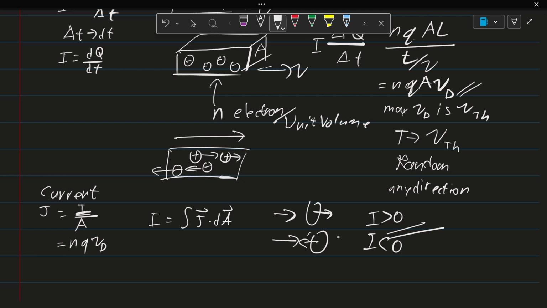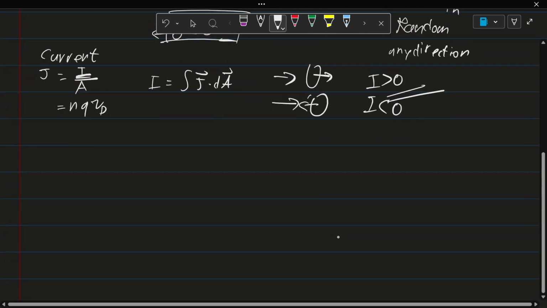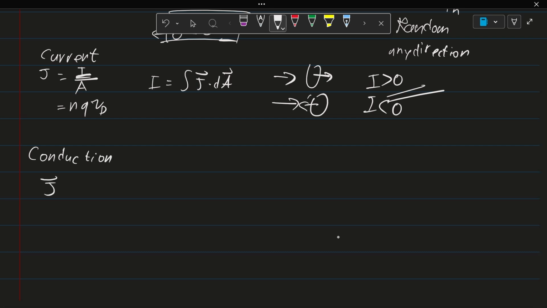So now I want to talk much more about conduction itself. How do you determine your J vector? If you observe this in a lab system, you would normally apply an electric field first, and this will later result in the formation of the J vector, and they are proportional to each other by a factor called sigma.